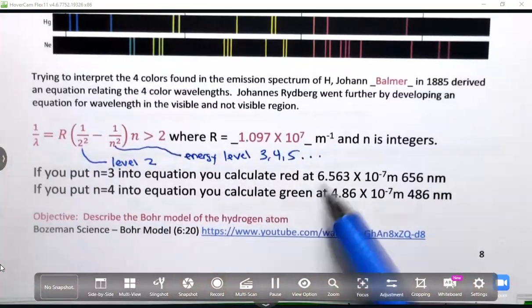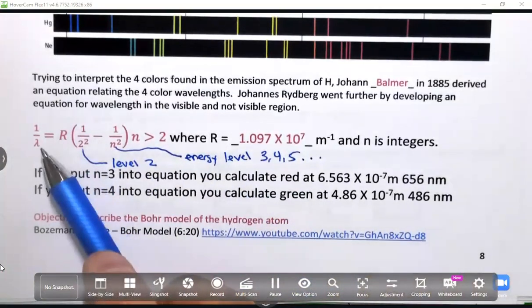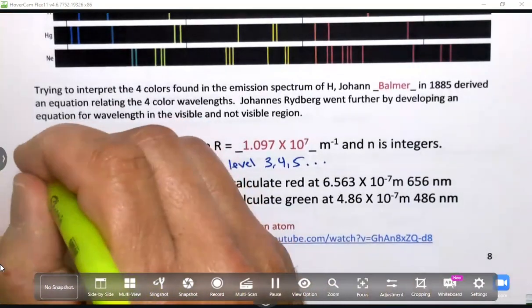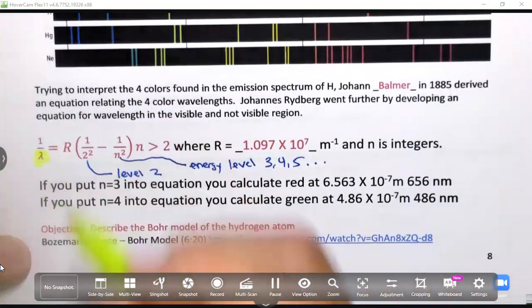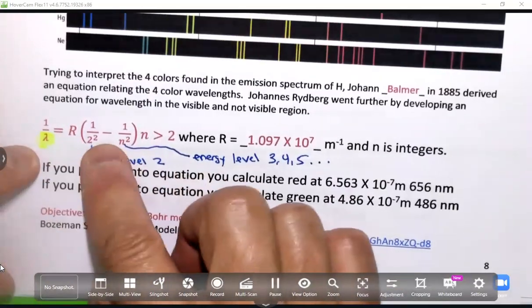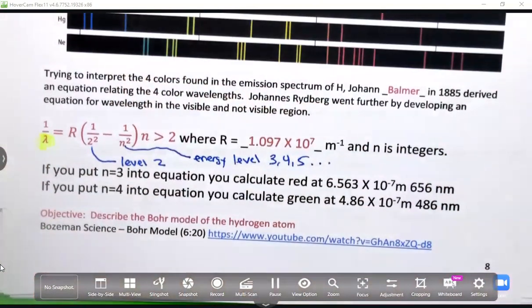Okay, so now we have an equation that we could solve for our wavelength, right? And you may know if 1 over the wavelength is equal to 2, we flip both sides, the wavelength would be a half.